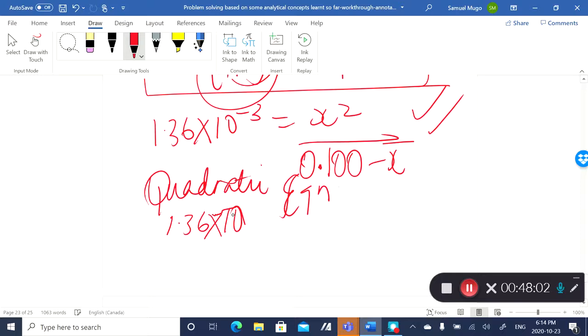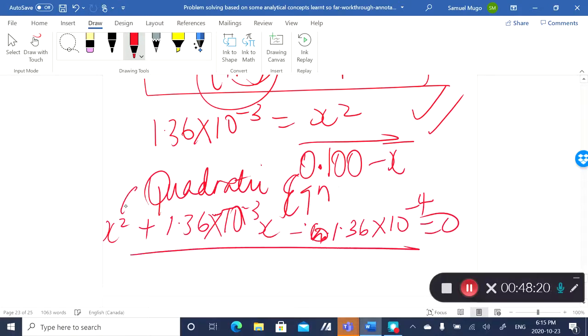When you do the expansion, in this case, you're going to see 1.36 times 10 to the power minus 3 x. That's when you multiply Ka by the terms. And of course, there's x squared plus that term, and then minus 1.36 times 10 to the power minus 4 equals 0. And now you can solve the quadratic equation. And when you do, you're going to find x, which is H plus, is very close to 0.116 molar.